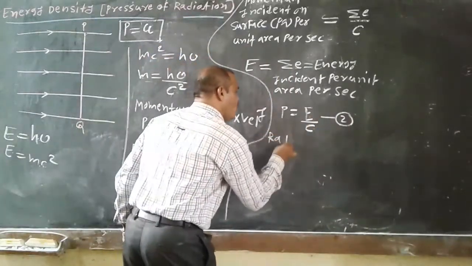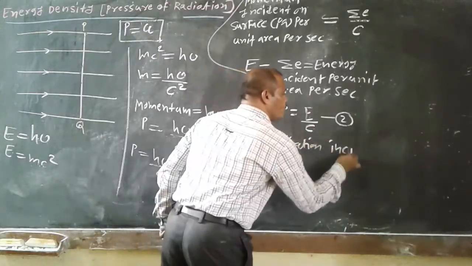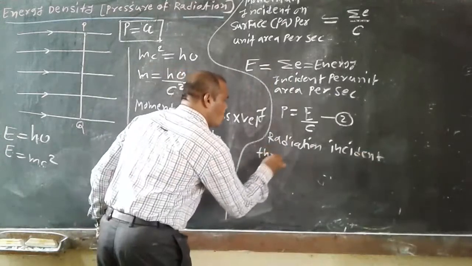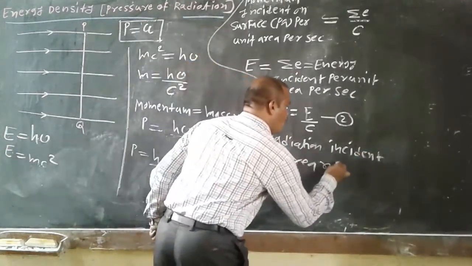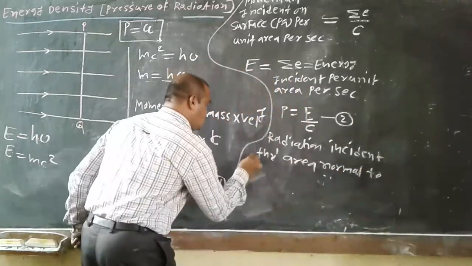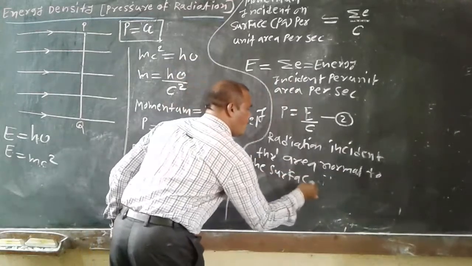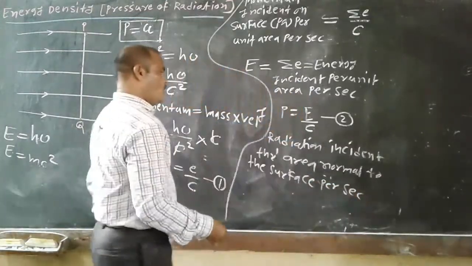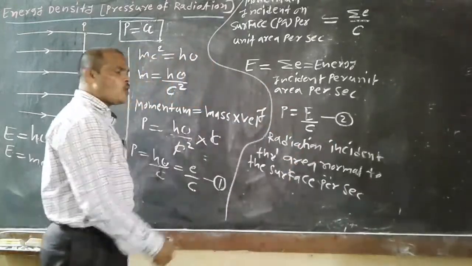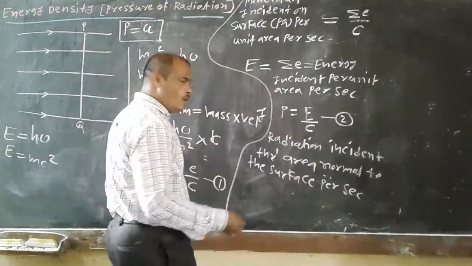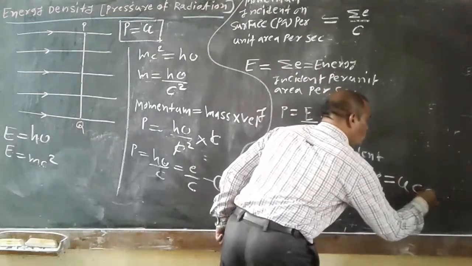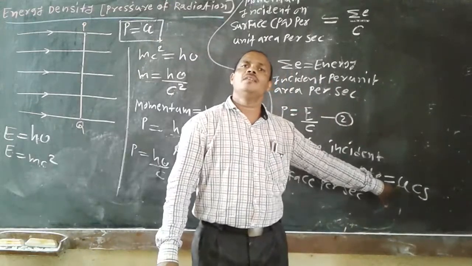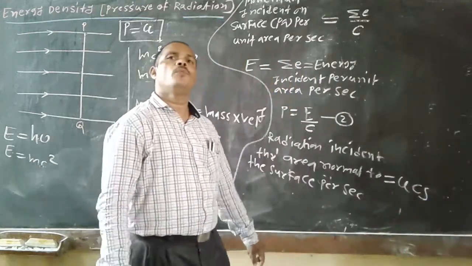Now the radiation incident through the area normal to the surface per second is equal to U into c into S, where U is the energy density of radiation, that is energy per unit volume, and c is the velocity of light.